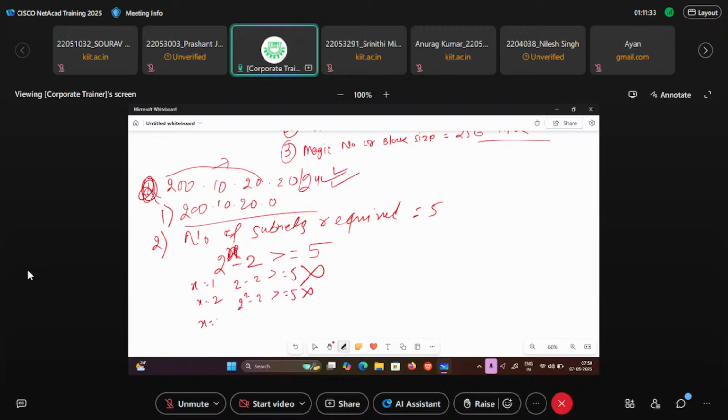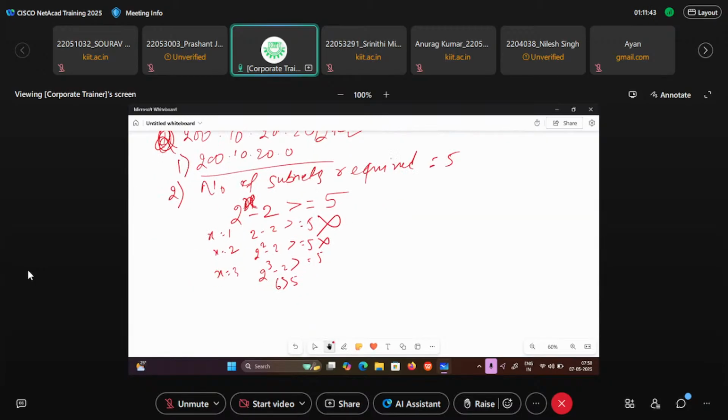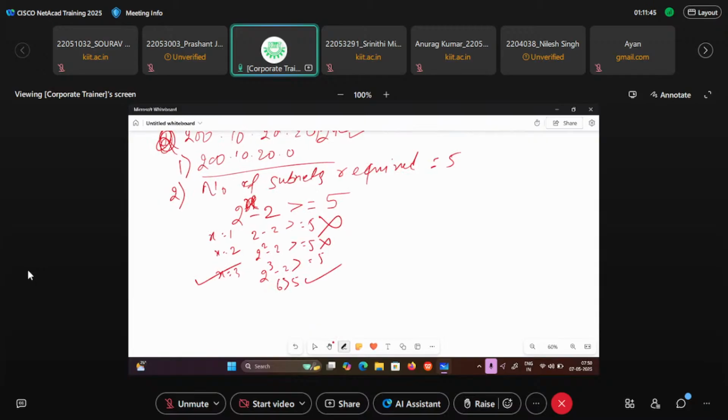If x is 2, we get 4 minus 2, which is 2, not greater than or equal to 5. If x is 3, 2 raised to the power 3 is 8, 8 minus 2 is 6, and 6 is greater than 5, which is correct. So x equals 3.